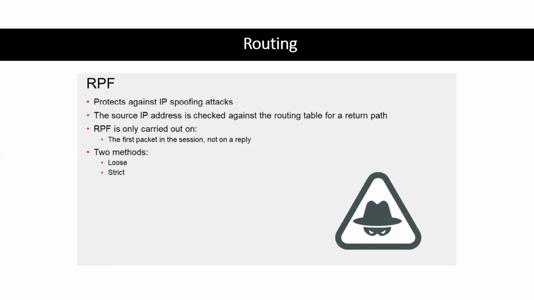RPF is a mechanism that protects the FortiGate and your network from IP spoofing attacks, right? It checks if there's a route back to the packet source. This check is run on the first packet of any new session, okay? There's two methods of RPF. It's either loose or strict, okay? We'll take a look at some diagrams of how that looks.